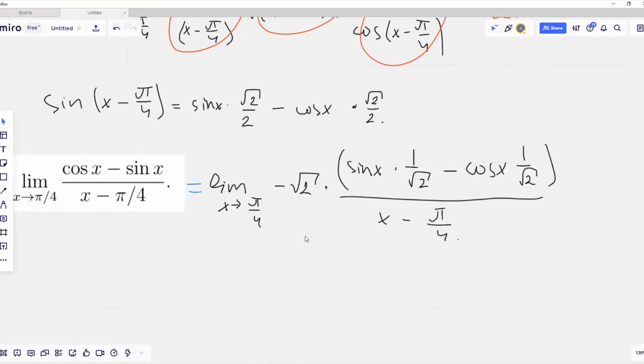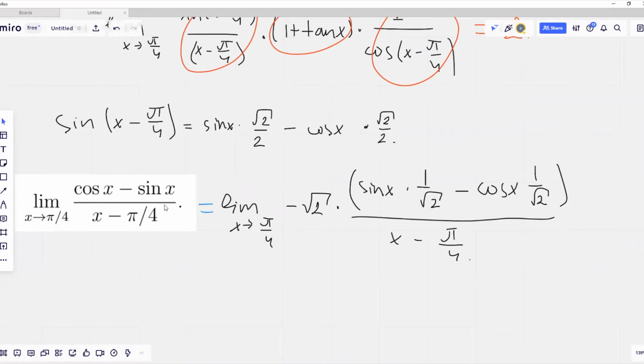Okay, so as you can see, we artificially multiplied and divided by minus root of 2, the square root of 2.